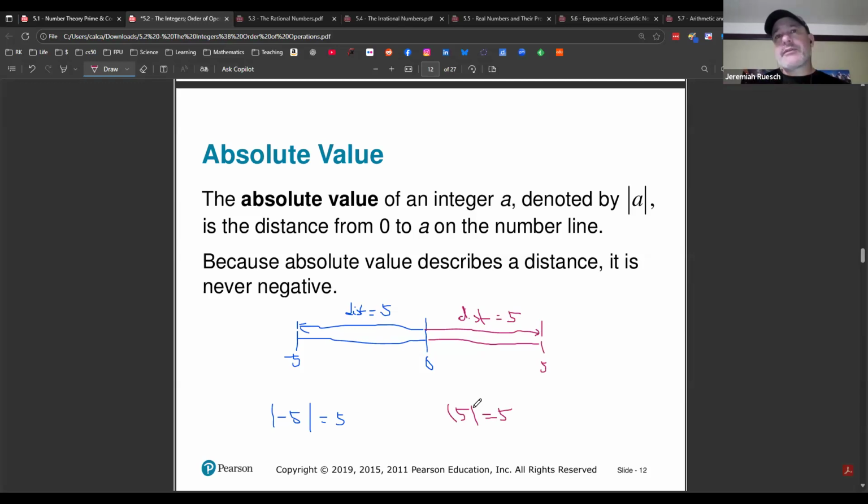And I don't know if this helps or not, but the way that I can also think about this is the negative sign tells you direction. That's a really bad U, direction. I think if we were more careful, we would write this as a +5.